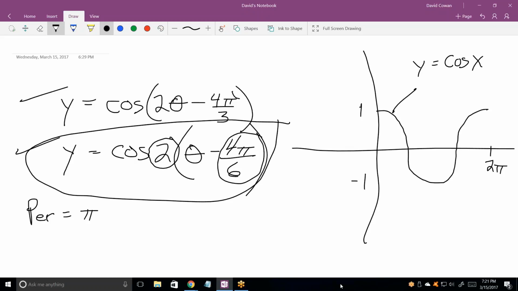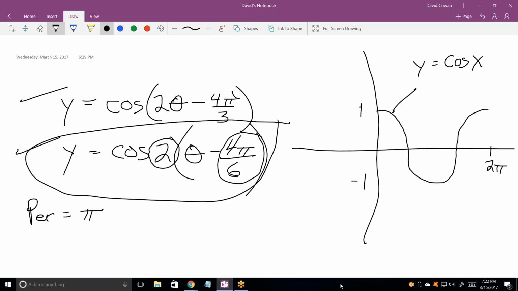Yes. Okay. Now, the secret on phase shifts is to do the phase shift as the very first thing you do. And the phase shift is 2 pi over 3, same as 4 pi over 6. So my first action is to go to the right by 2 pi over 3.